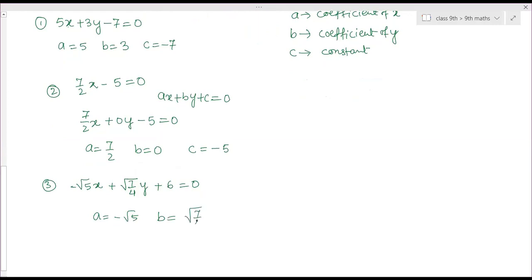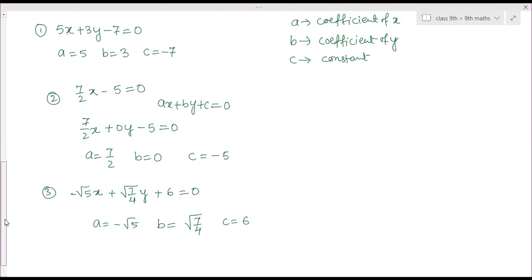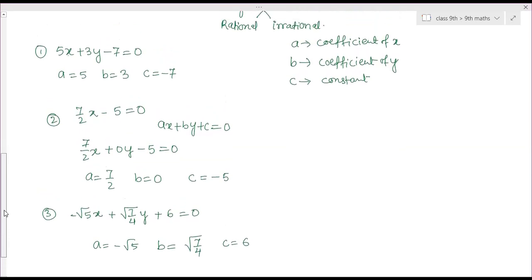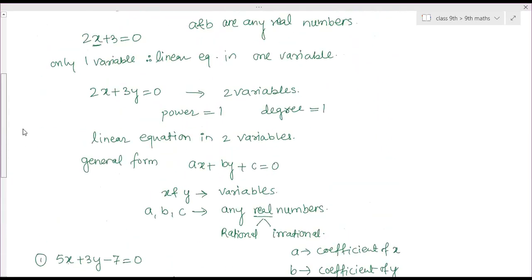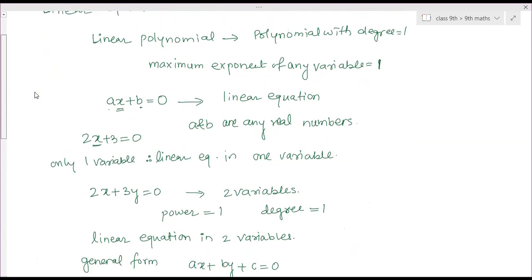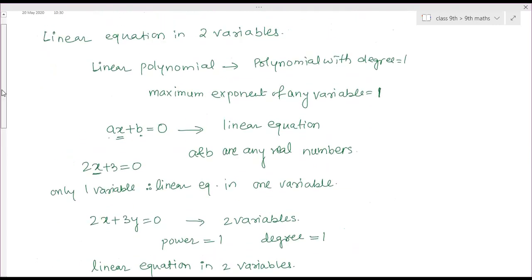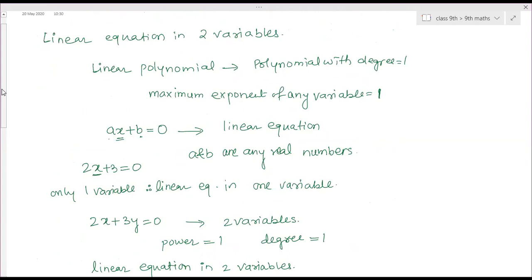Root 7 by 4. And c? 6. Okay. So first write down this. This is the first exercise only. In every equation we have to use the general form. Yes, when the question is given, you have to do according to that. First write down all these things, then we will go through the first exercise.